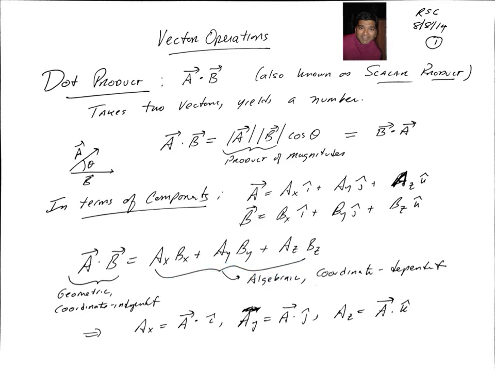Again, let me emphasize that the dot product actually doesn't depend on the coordinate system that you use. It can be computed algebraically in terms of the components in a particular coordinate system.